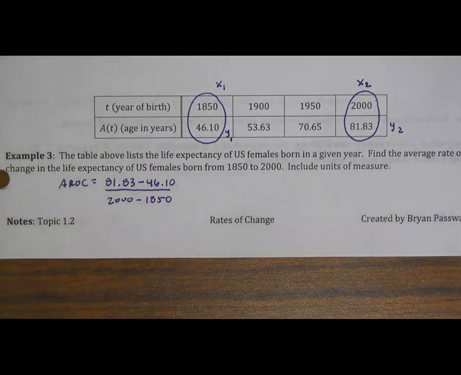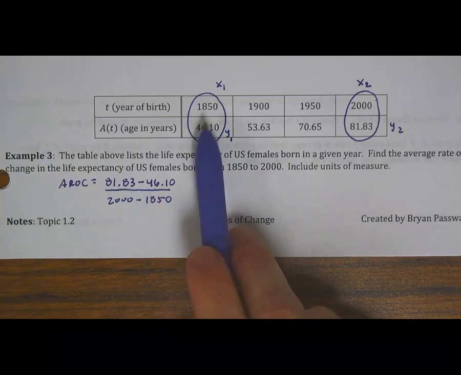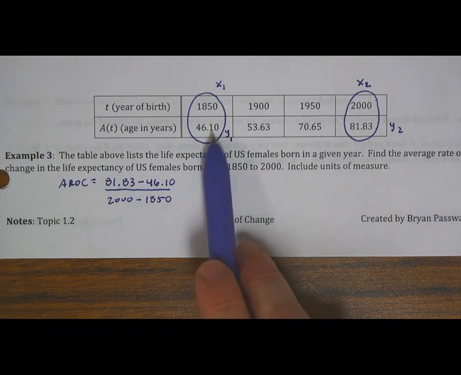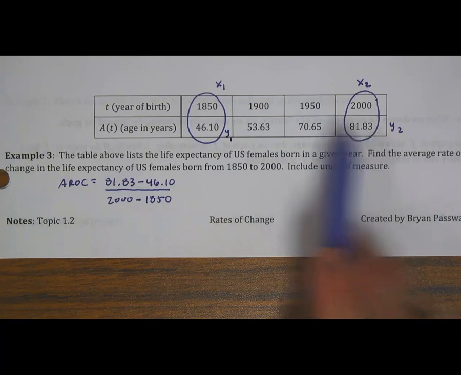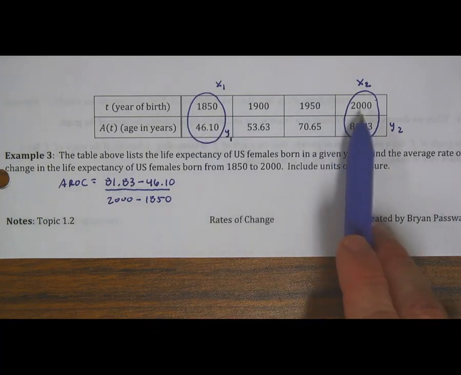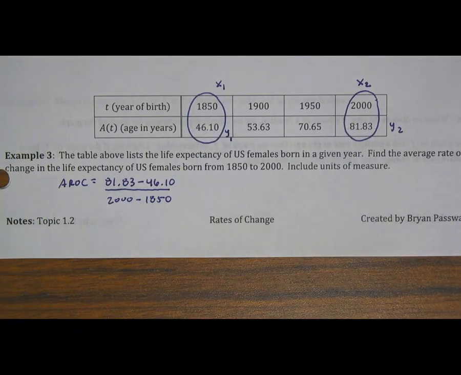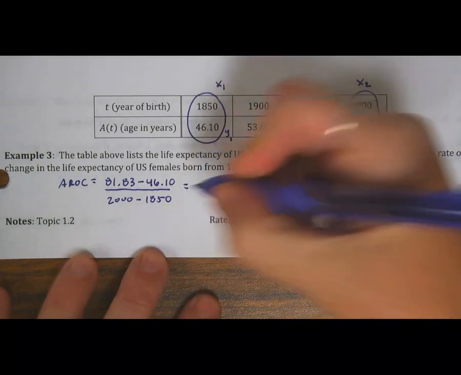The really cool thing is this: the order that you subtract does not matter. You could have done 46.1 minus 81.83 over 1850 minus 2000, and you're going to get the same exact answer. So don't feel like, how do I know which one is x2? How do I know to start with that? It doesn't matter.